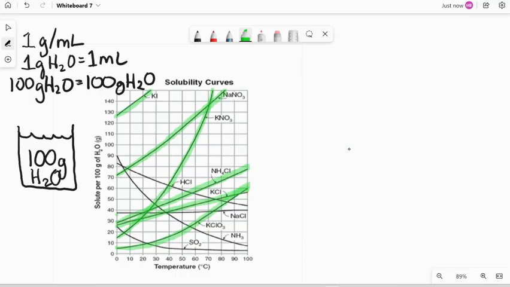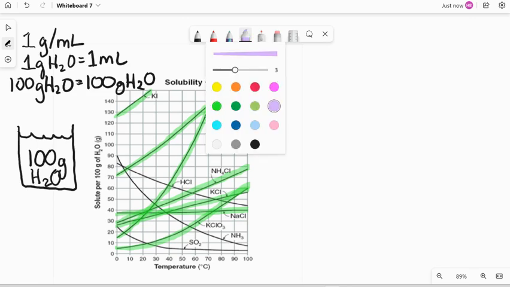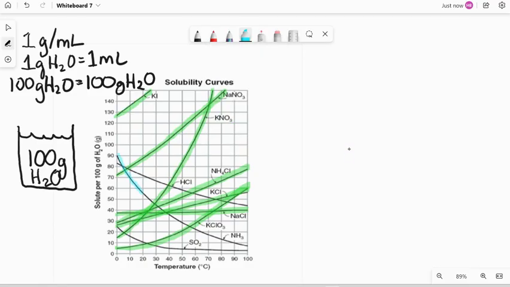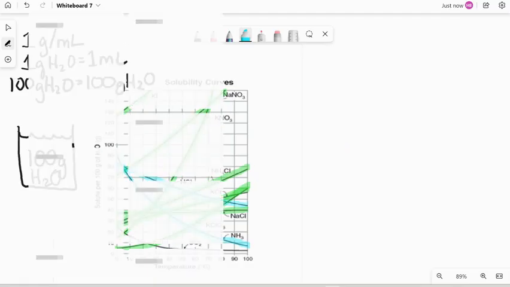Even NaCl, see how it increases? Not a lot, but it increases a little bit as temperature increases. Now let's highlight all of these that do not increase with increasing temperature. These, the solubility decreases with increasing temperature.